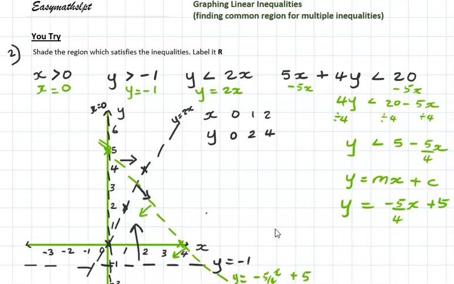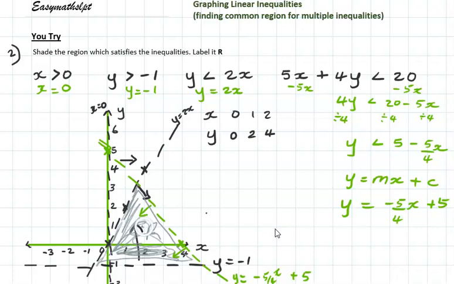So our common region, therefore, is right here. This is our common region, and we need to label it R. We can test it, so select any point.